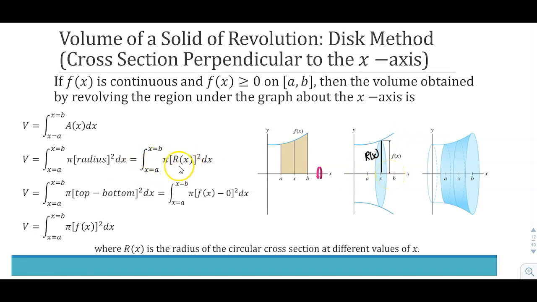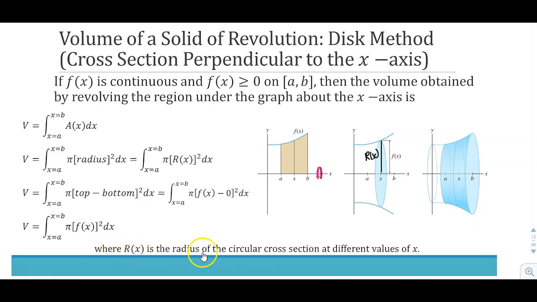So the radius r of x is top minus bottom, or f of x minus 0. So we have that the integral from a to b of pi times f of x squared dx gives us the volume of a solid of revolution using this disk method.